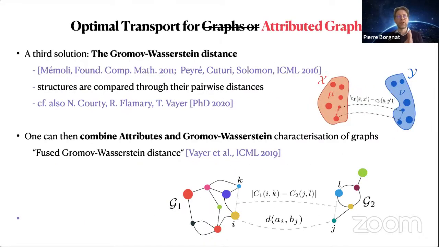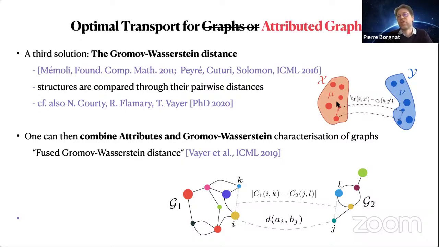There is a third approach that has been proposed, especially in the PhD thesis of Titouan Vayer with Nicolas Courty and Rémi Flamary, where they were using the Gromov-Wasserstein approach, which has been put forward by Mémoli, which generalizes a little bit the Wasserstein approach. That means you will not directly try to compare the initial distribution mu and the target distribution.